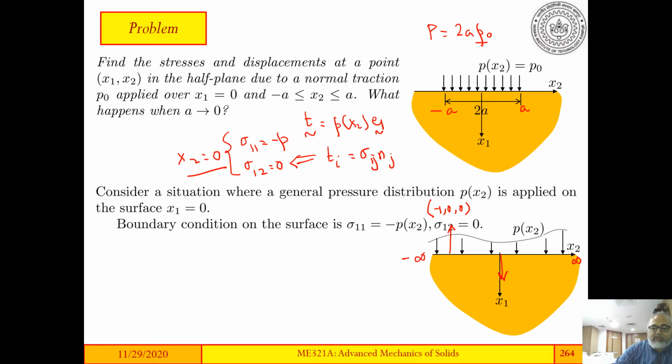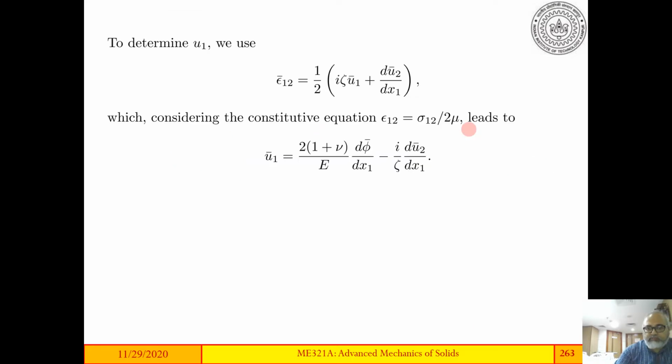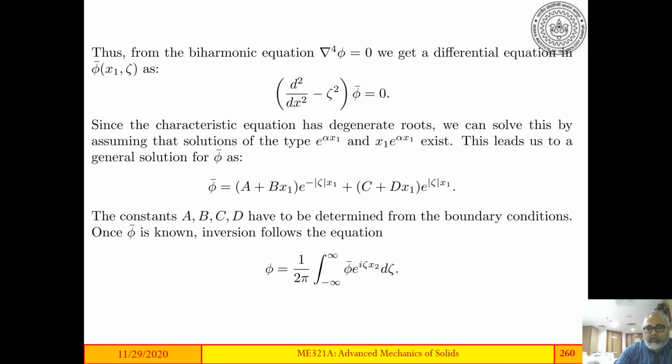Now, remember the solution to the biharmonic equation for a half plane problem like this was this. This was the solution to phi bar, the Airy stress function that satisfies the biharmonic equation.